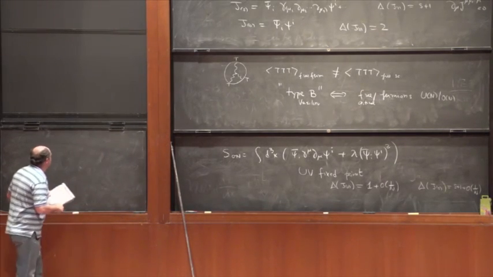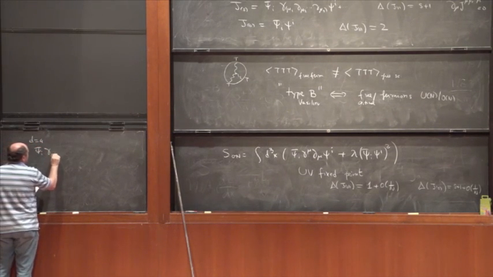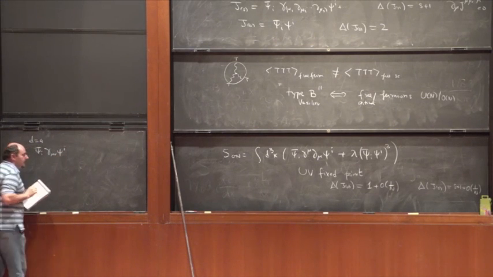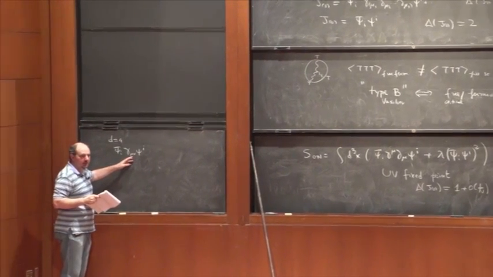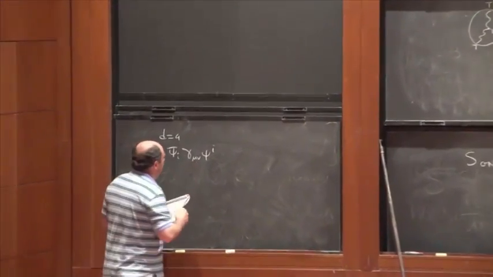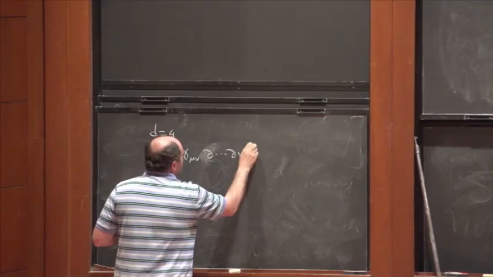For example, in D equal 4, there is an extra operator like this, which in D equal 3 is not independent because it is related by duality to a single gamma mu. And there are in general operators with many derivatives.